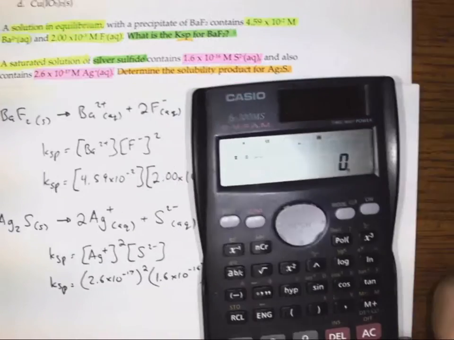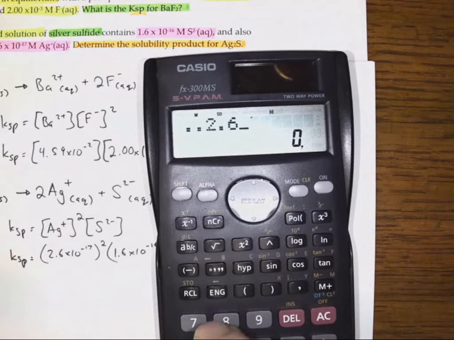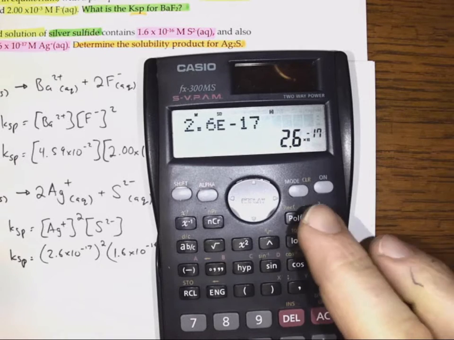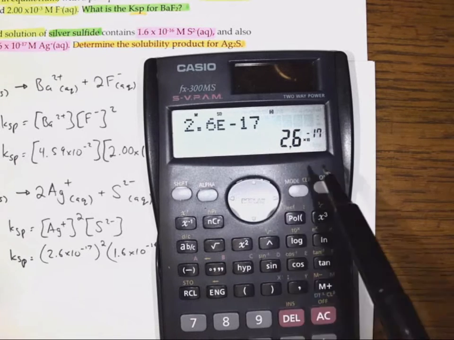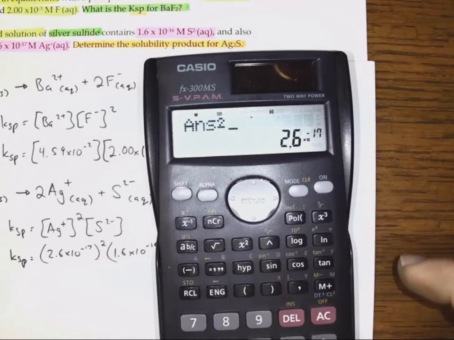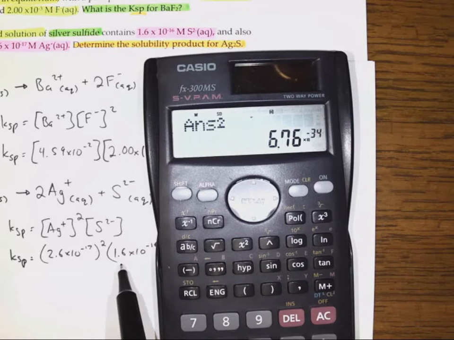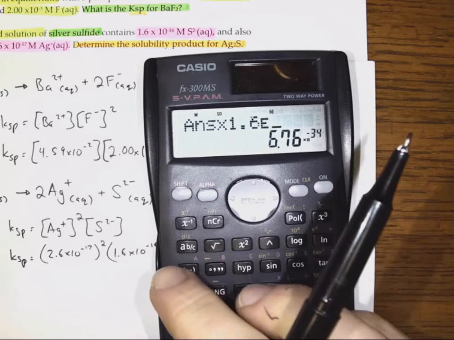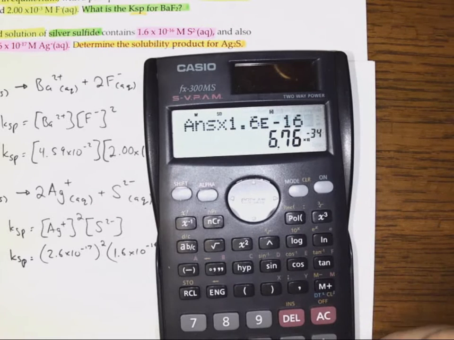So 2.6 times 10 to the negative 17. And I'm just going to press equals before I square it to make sure that I'm not just squaring the last part, or the 17. Square that, and then times it by 1.6 times 10 to the power of negative 16.